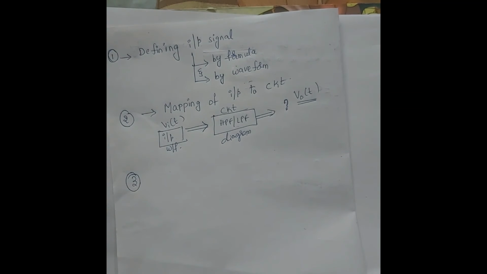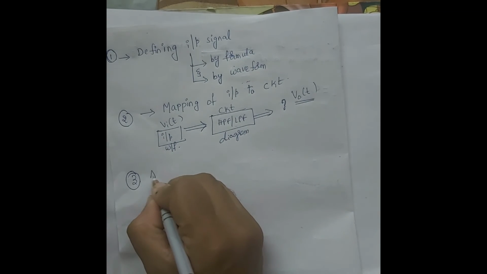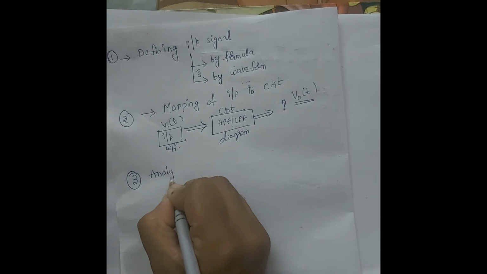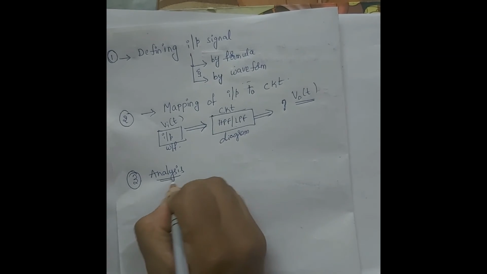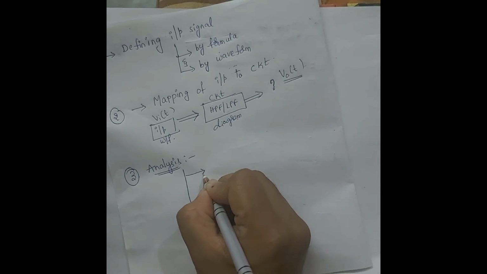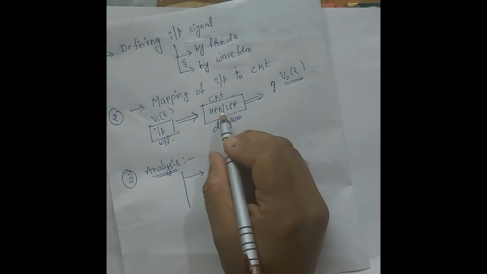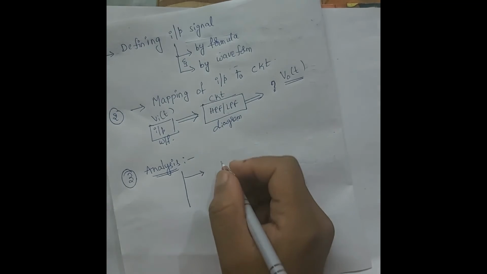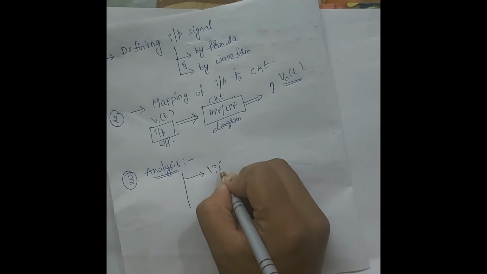And step 3, analysis. How will we analyze this one? First, what do we want? We want our circuit. So, we have Vi of t.